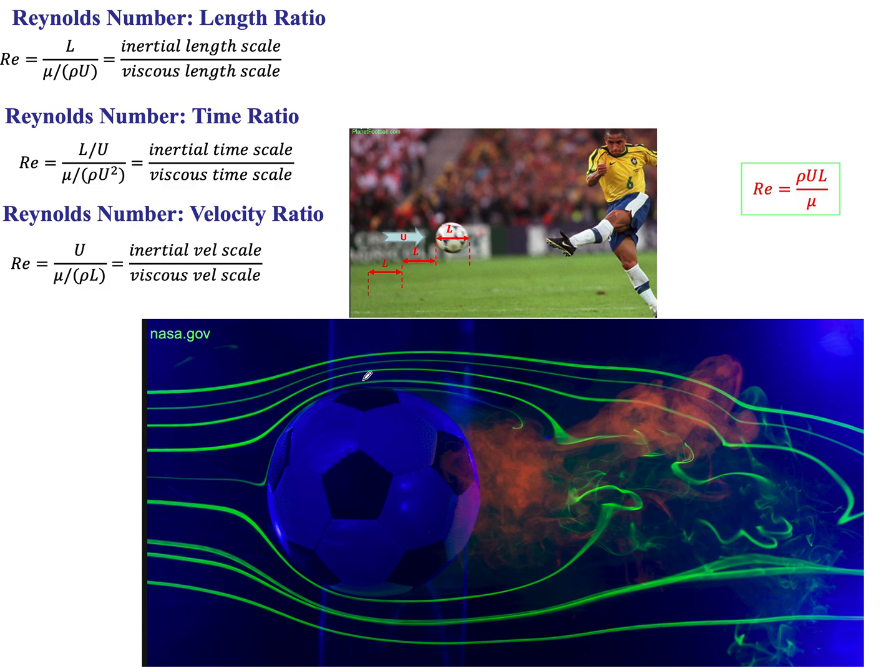So here is a football, and as you can see, the airstream is coming from left to right, and the ball is kept stationary in a wind tunnel. What you'll notice is that the effect of viscosity is very easily seen in the region behind the ball, which we call the wake.